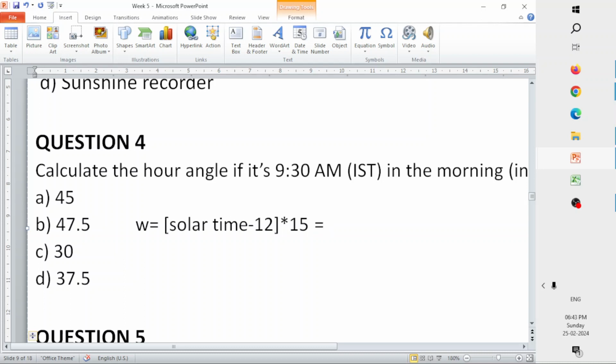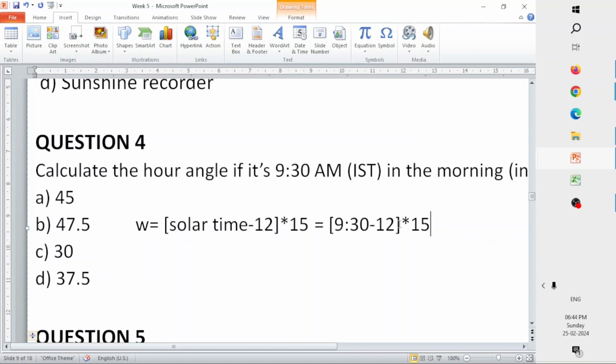So solar time here is given as 9:30 am. Let's use it directly as 9:30 minus 12 into 15. Between 9:30 and 12 we have 2 hours 30 minutes.